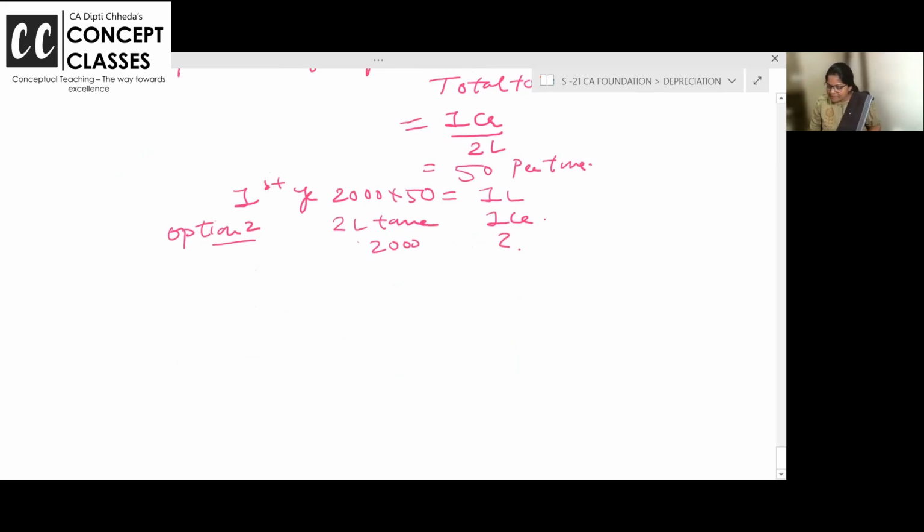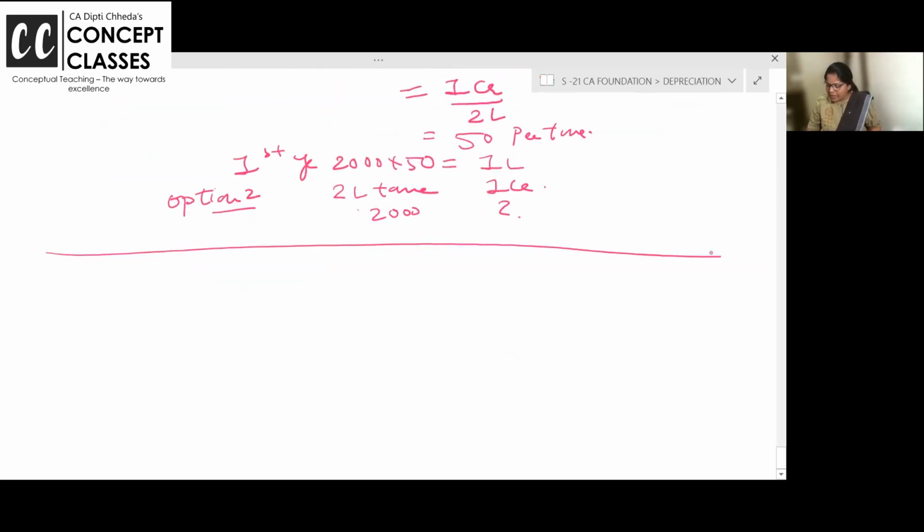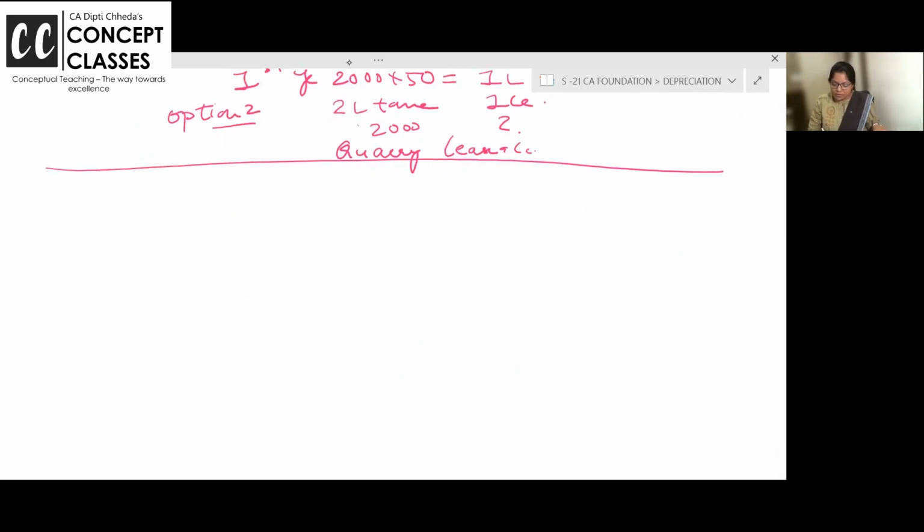It's very easy. You can calculate like 50 per ton and go on multiplying. Okay? So let us prepare the quarry account. They have asked you, no? Prepare the quarry lease account for 3 years.